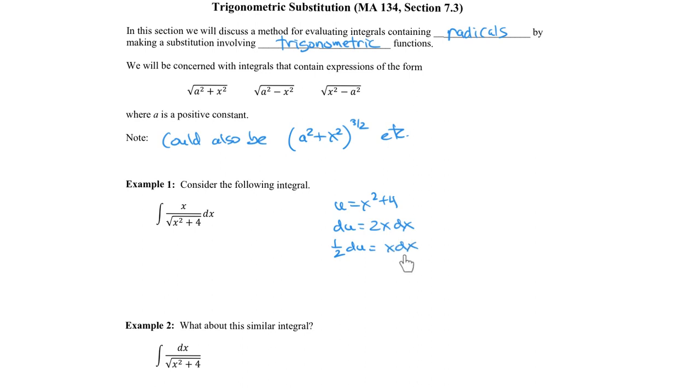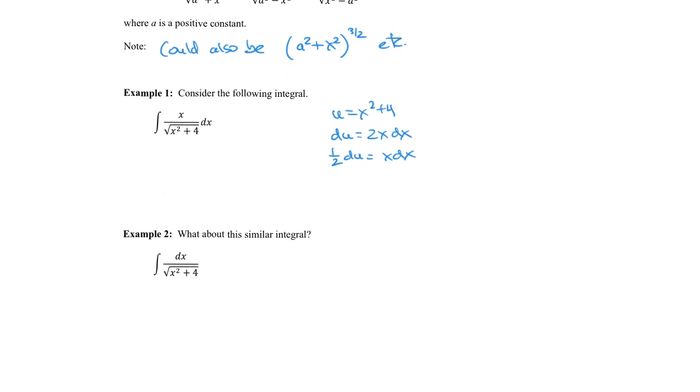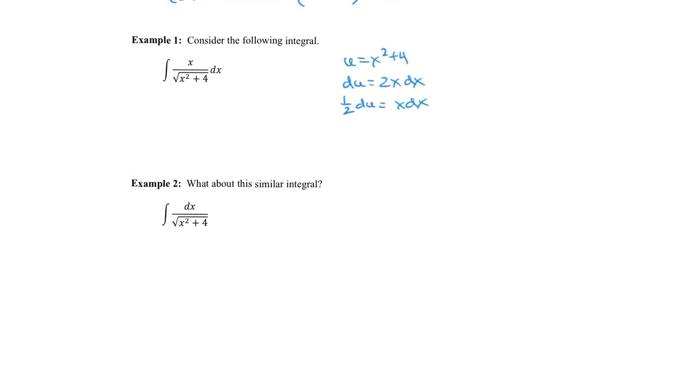And life is good. We are ready to go. Okay? But with a slight change, we have this integral now down here, where now we don't have this factor of x up here, it's just dx. So u substitution is not going to work here.